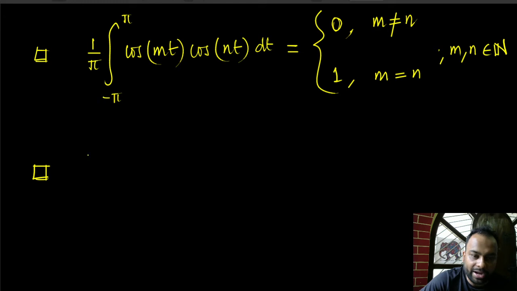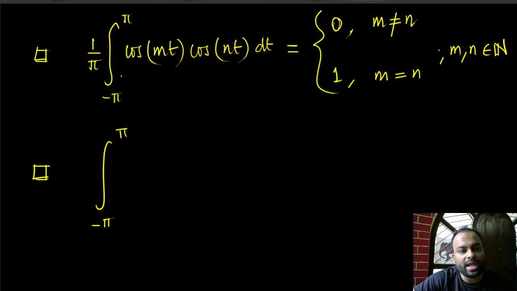And we also have something like this integration. So we have so far seen that the integration of sine mt into sine nt dt from minus pi to pi divided by pi has got this kind of a result. Again, the integration from minus pi to pi of cos mt into cos nt dt has got a similar result like this.